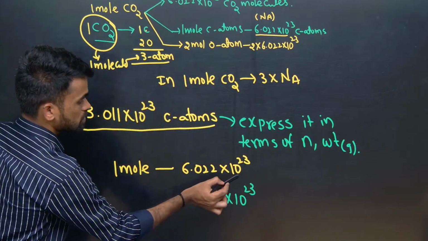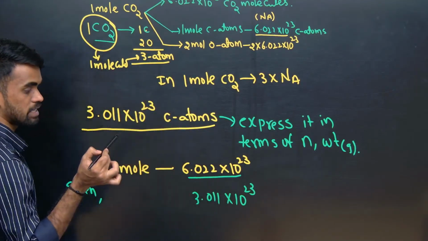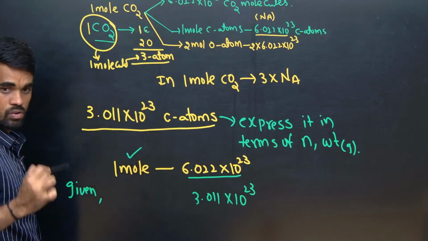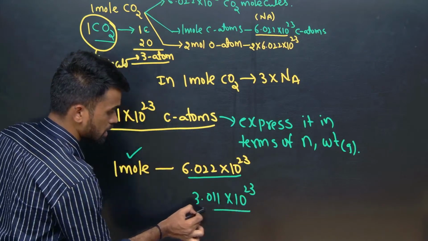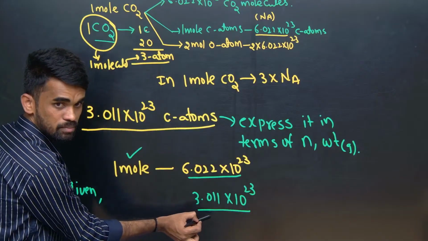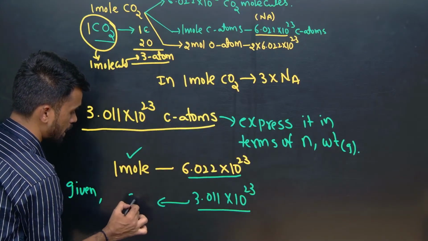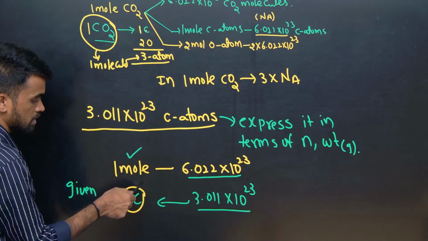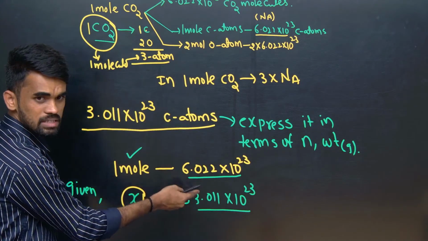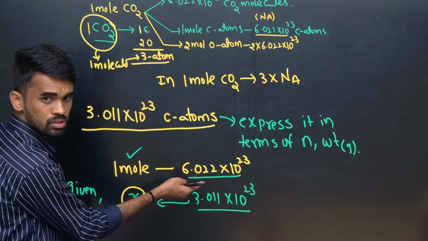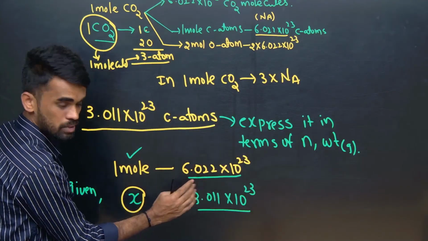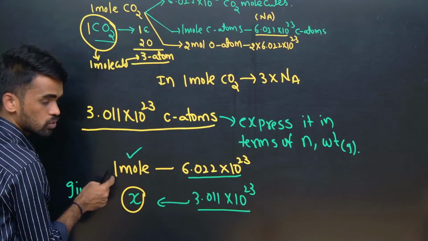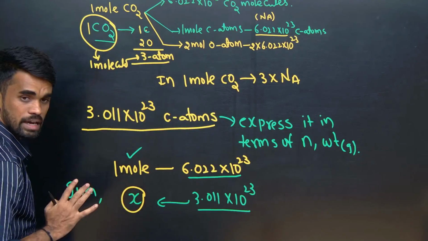See, if 6.022 × 10^23 is there, we say it is 1 mole. If this number is given in the question, how many moles is it? Let us say X. So we need to find this X. Just interlink these: the difference between these two is a factor of 2, so X will be half.